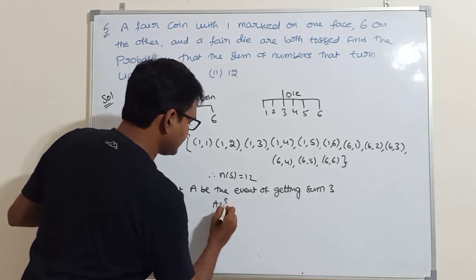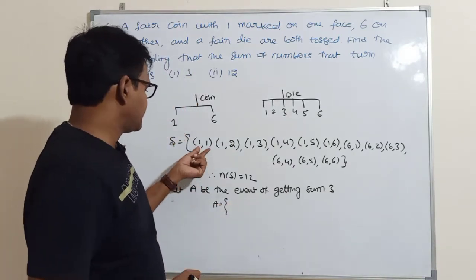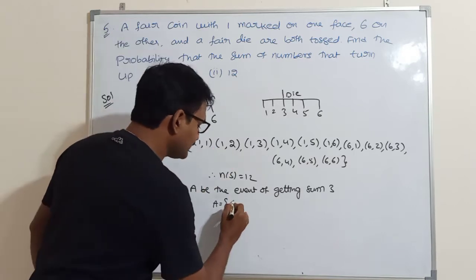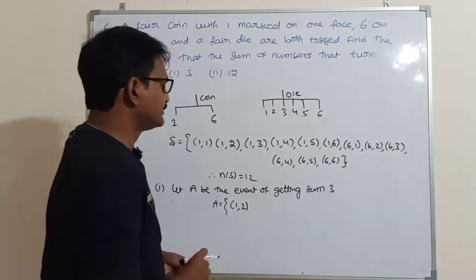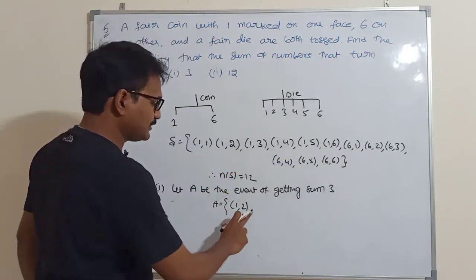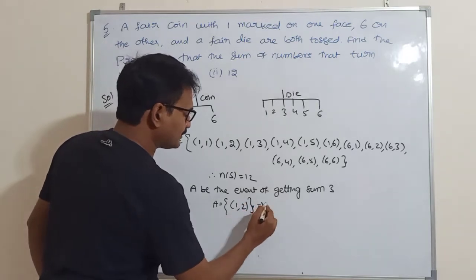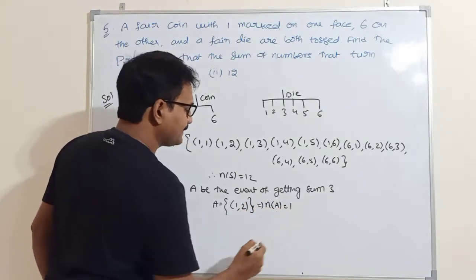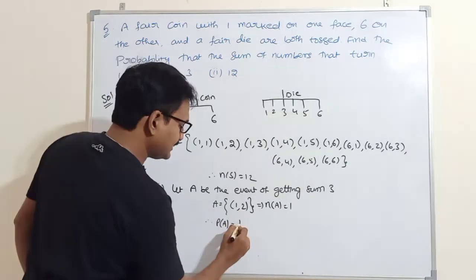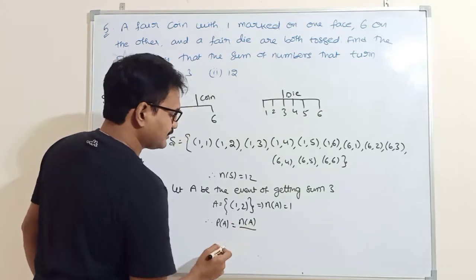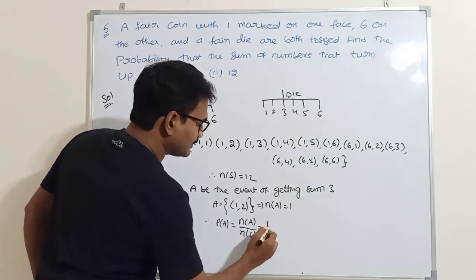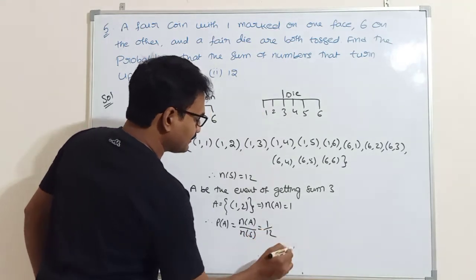If you add 1 and 2, you are getting 3. If you add any other pair, you are not getting 3. So A is equal to {(1, 2)}. How many sample points are there? Only 1. Therefore P of A, the probability of getting sum 3, is the number of favorable outcomes by the total number of outcomes, so 1 by 12.